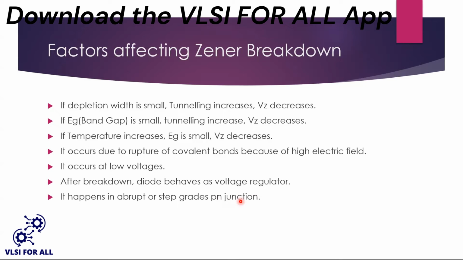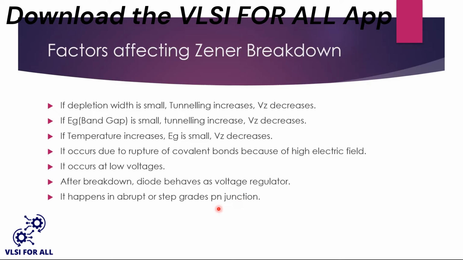per centimeter cube, then you can see the difference between 10 power 17 donor impurities and 10 power 15 acceptor impurities. There is a 100 times difference. So if you join these two in a PN junction, you get this 100 times difference.